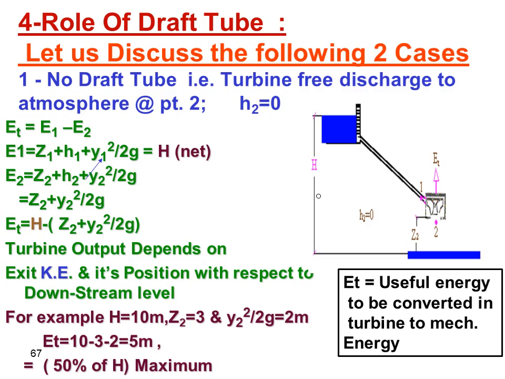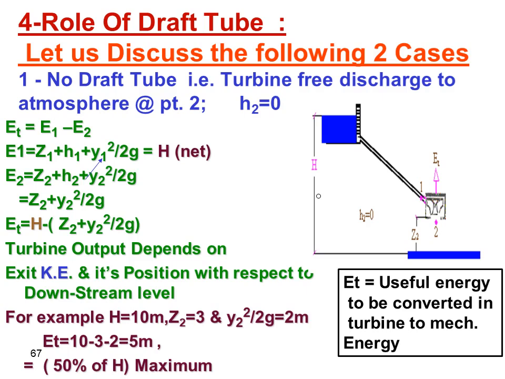This is the net head, or the overall head, and we can transfer the water from the upstream level to the turbine itself, and then the turbine discharges its water to the downstream level.